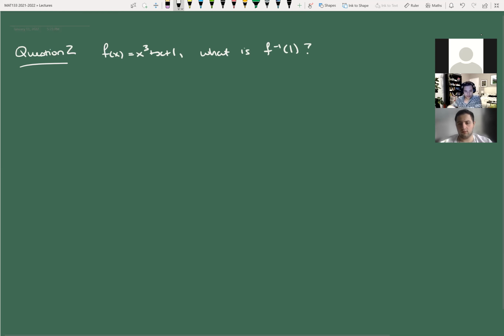So I know that for many of you, the way that you've internalized what an inverse is, you say you switch x and y and you solve for y or whatever the case might be, right? So that's how you actually compute the inverse of a function. But if you try and do that here, we run into a lot of trouble, right? Like if I wrote this as x is equal to y cubed plus y plus 1, and then solve for y, we'd have a lot of trouble, right?